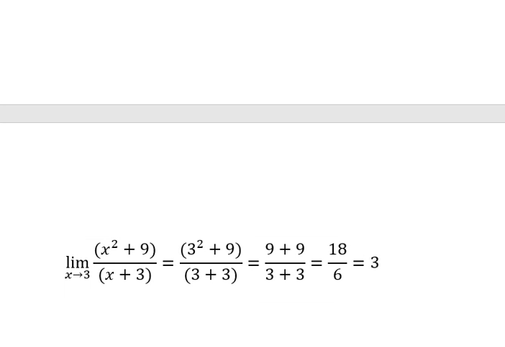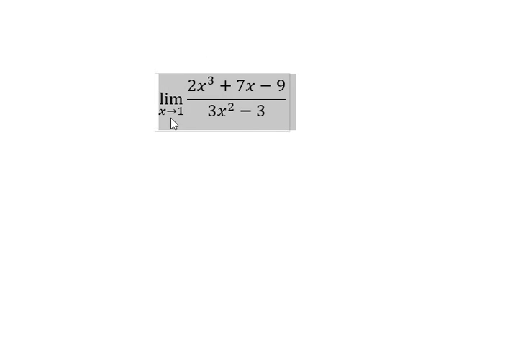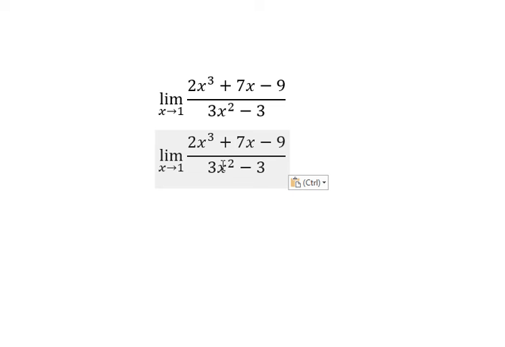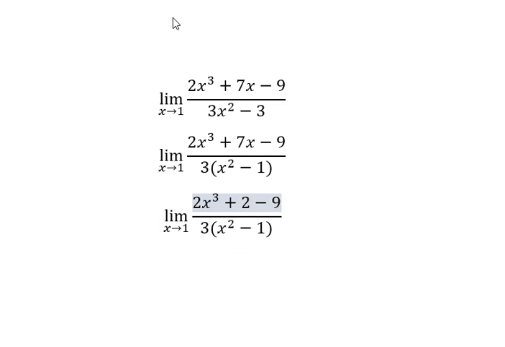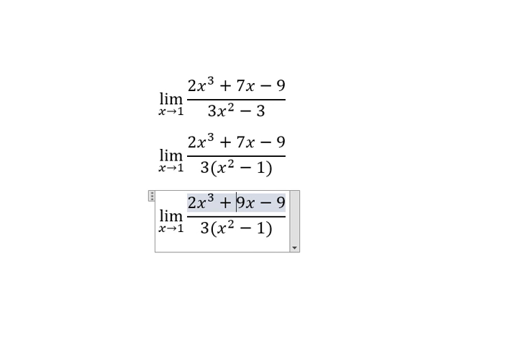Now let's go to the last one. Number 3, we can do factorization. 7x, we can put 9x minus 2.